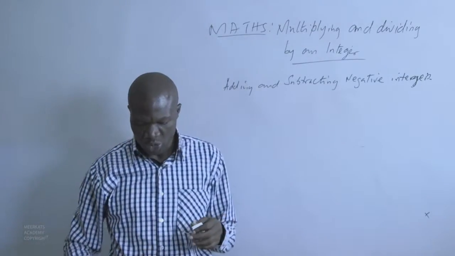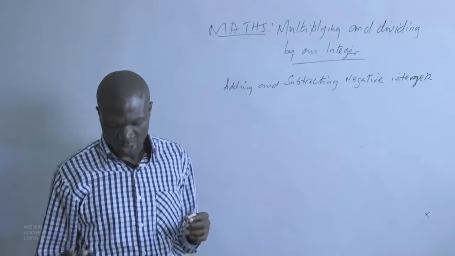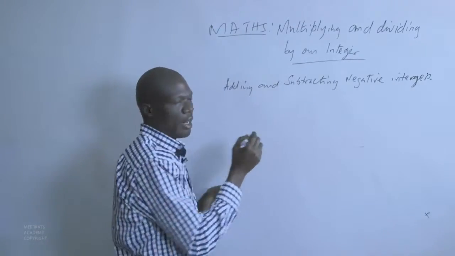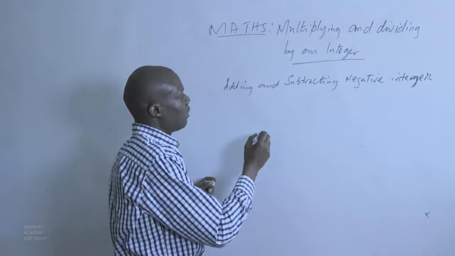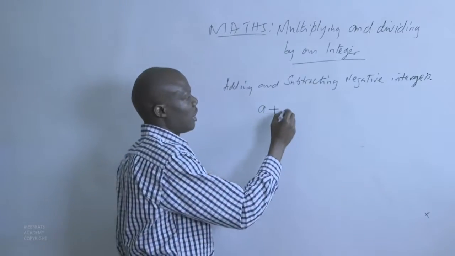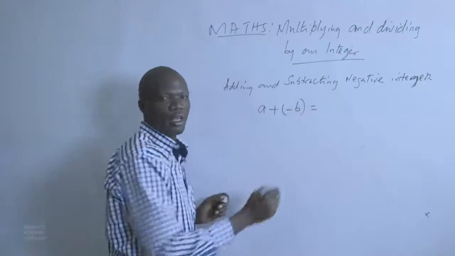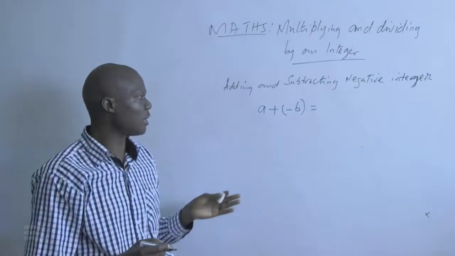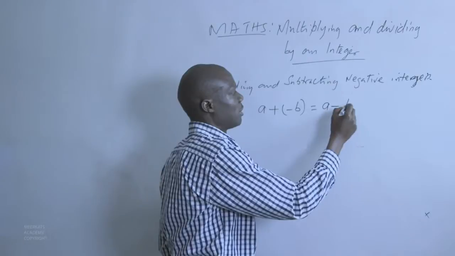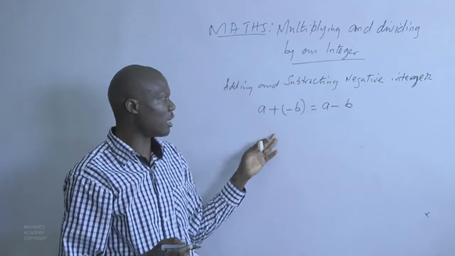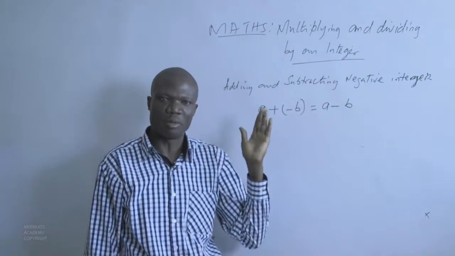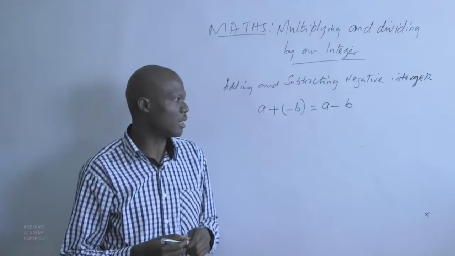In the previous lesson, we saw that when we are adding a negative integer, for example, take A, add a negative integer like B, it is the same as just saying A minus B. So when you are adding a negative integer, it is the same as subtracting that integer.